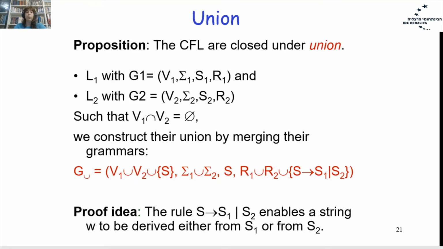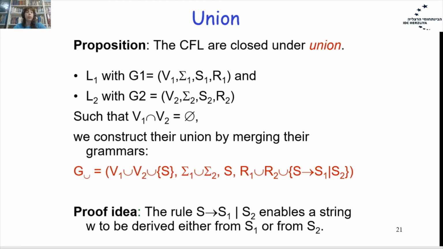So let's prove that context-free languages are closed under union. We are given L1, a context-free language with its grammar G1, and we are given L2, a context-free language with its grammar G2, such that V1 intersection V2 is an empty set, so we are talking about different names of the variables. We can construct the union grammar by merging the grammars.